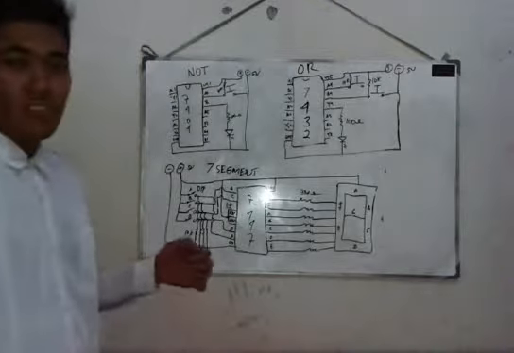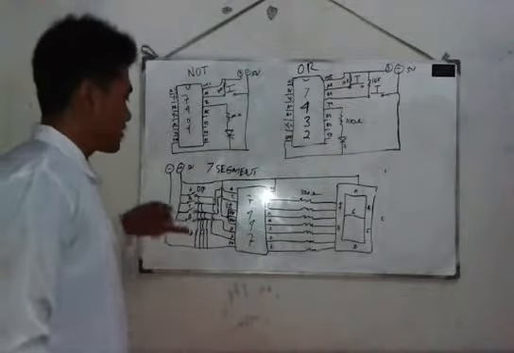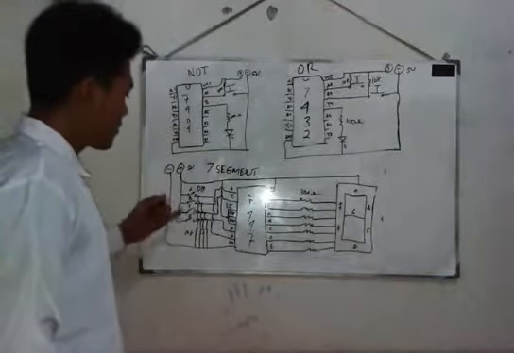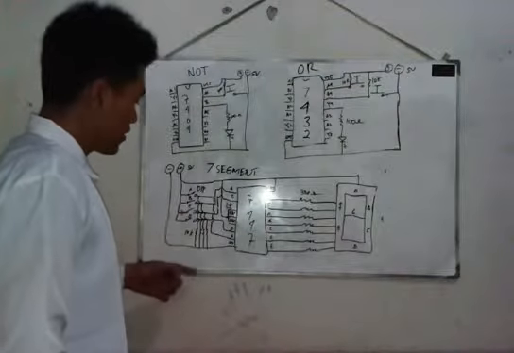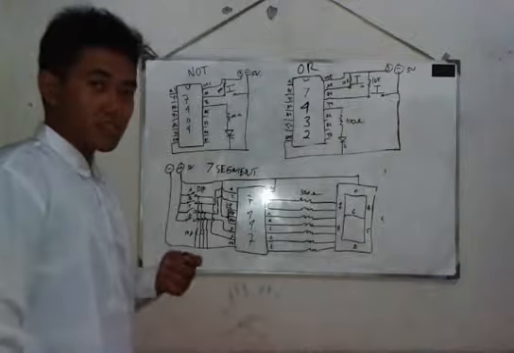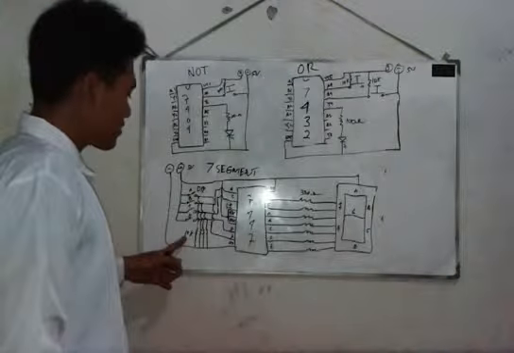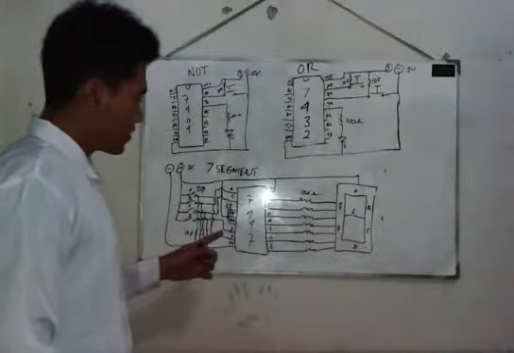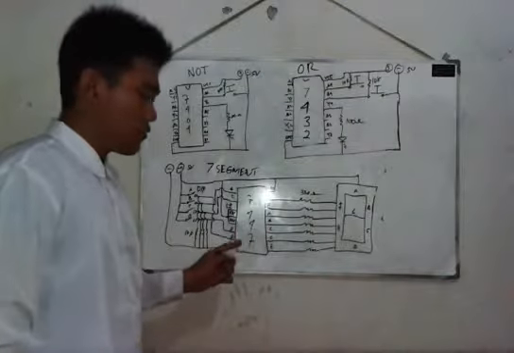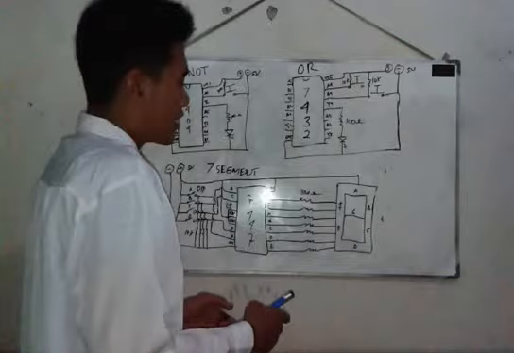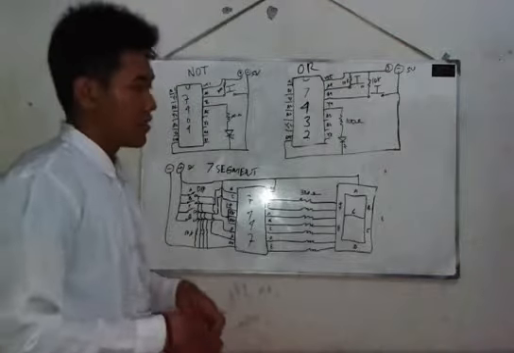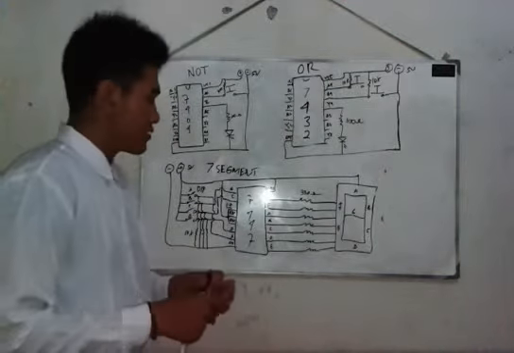Now I will tell you about the 7-segment display. The first, I need a dip switch, and then 4 resistors of 10,000 ohm, and then IC 7447, and then a 330 ohm resistor, and 1 7-segment display.